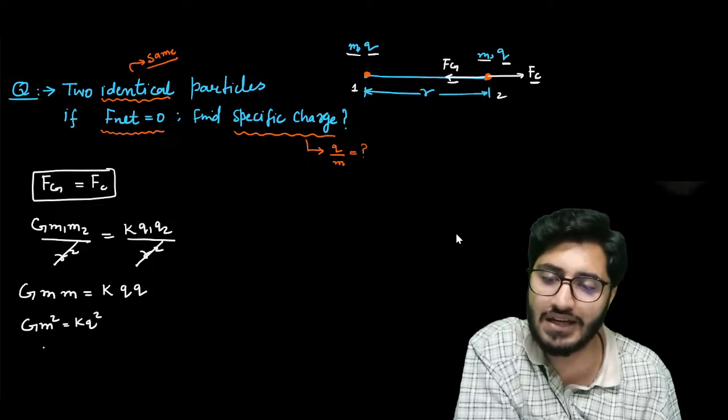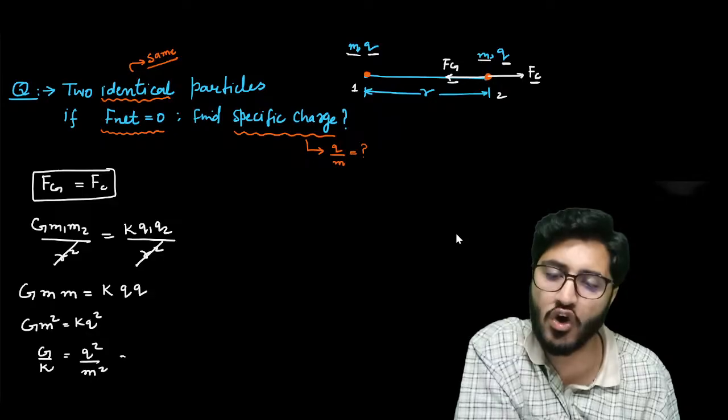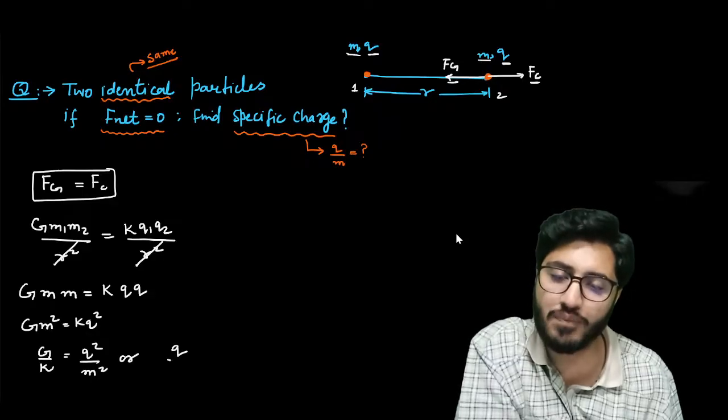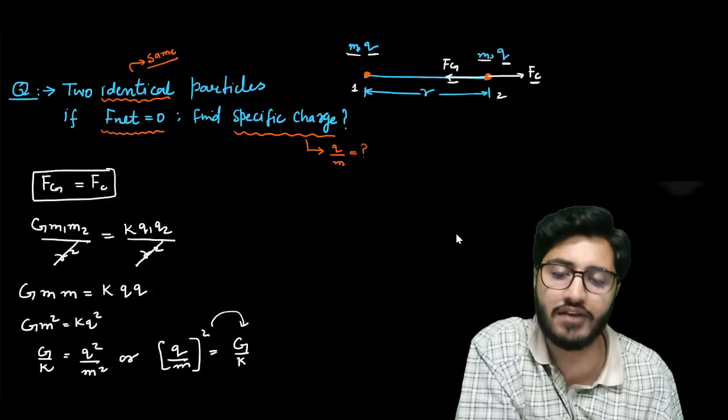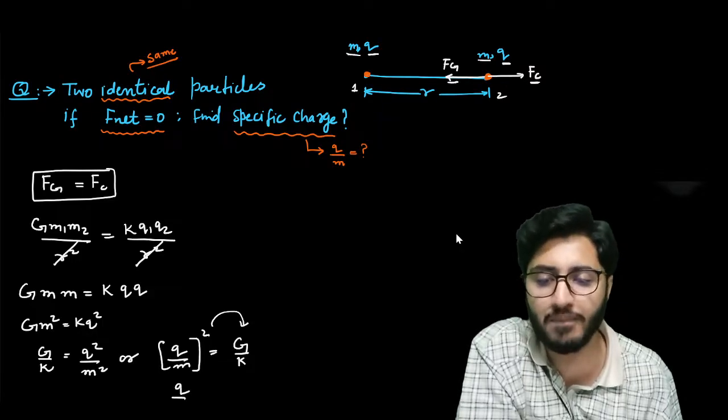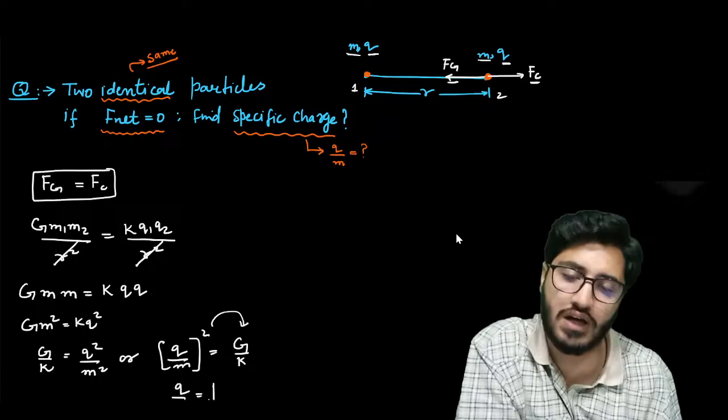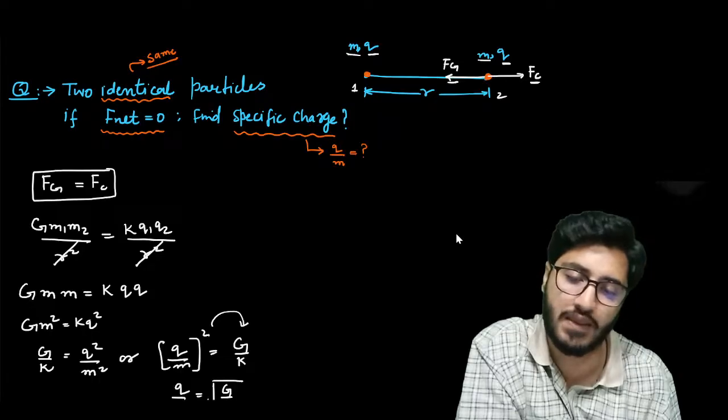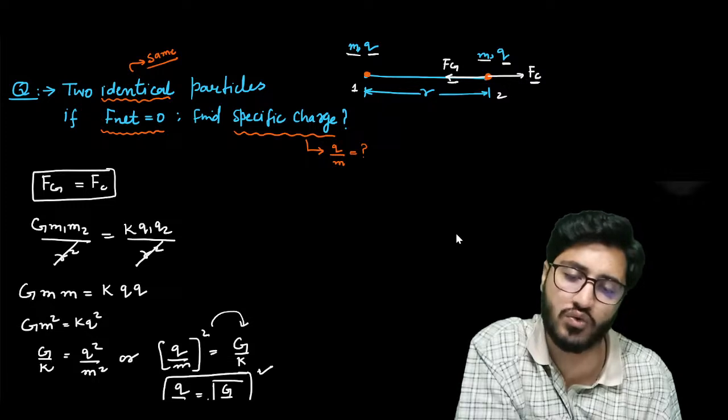So I can write G by K is equal to Q square by M square, or I can write Q by M whole square is equal to G by K. I will take square root there. So Q by M will be equal to under root of G by K. This is how we can do these numericals.